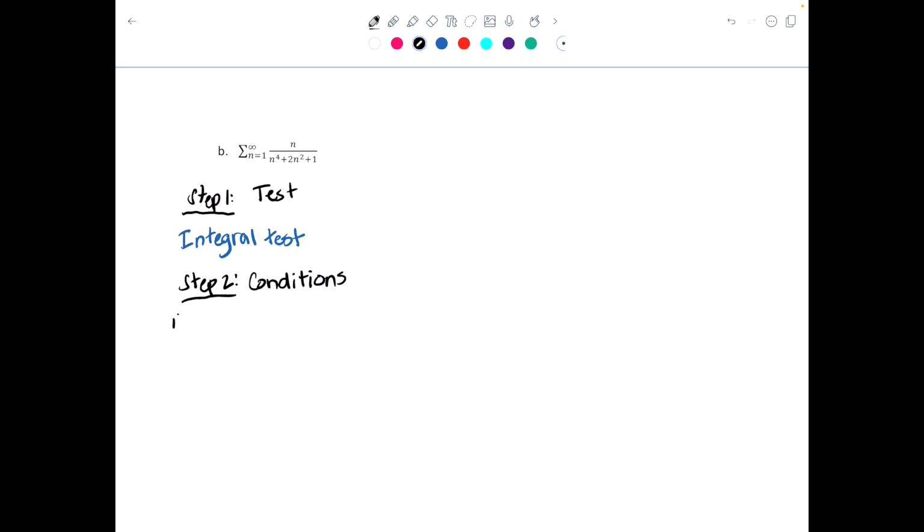And so the first part: is f continuous for x greater than or equal to 1? Let's see.